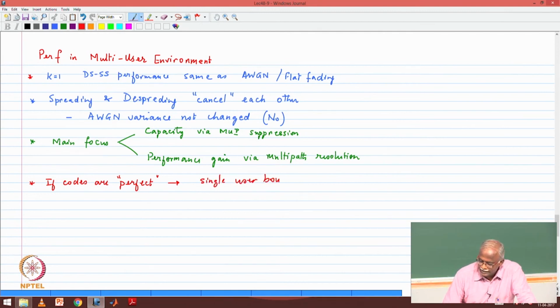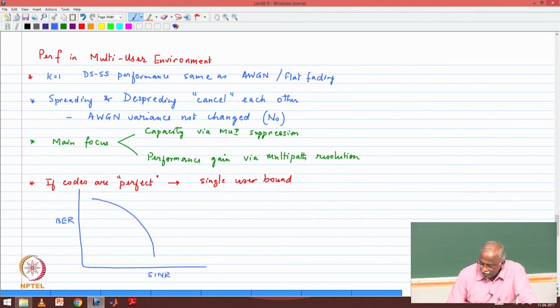What that means is because the codes are perfect, what I will achieve looks like a single user. The performance of other users is not visible at all. In BER versus SINR, I will get the performance of a single user. It will look like k equal to 1, though k is not equal to 1. This is the BER that you will get.